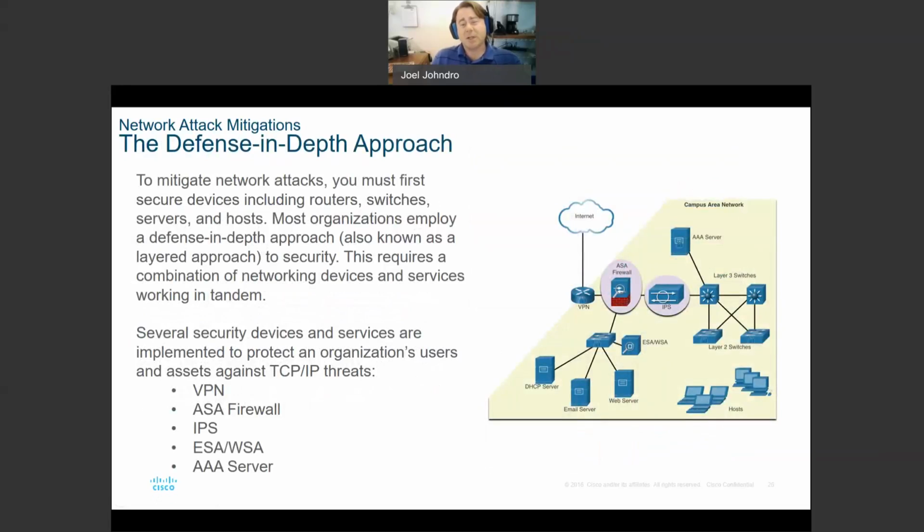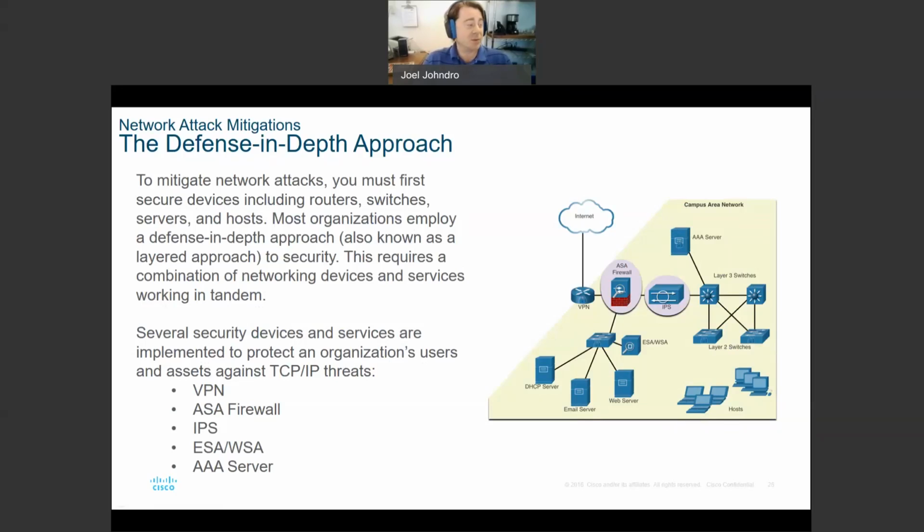Most organizations use a defense in-depth approach, which is a fancy way of saying they use a lot of different strategies together to protect against multiple threats. It's also known as a layered approach. So several security devices and services are implemented to protect an organization's users and assets, such as a VPN, a firewall, IPS, the ESA, which is an email service, protects against email traffic.